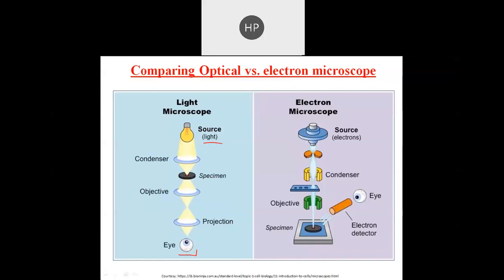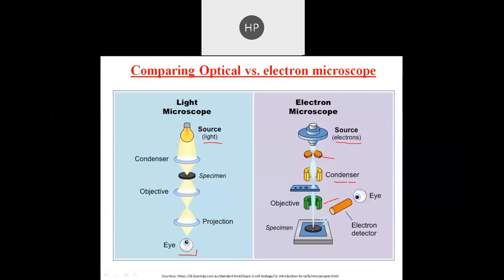While here in the electron microscope we have the electron gun. Okay, this is the electron gun, this is the magnetic lens. Then we have a condenser, we have an objective, and then here we have a specimen.